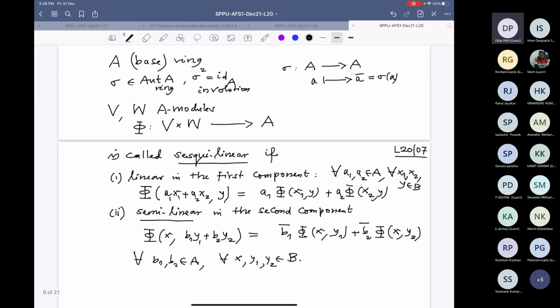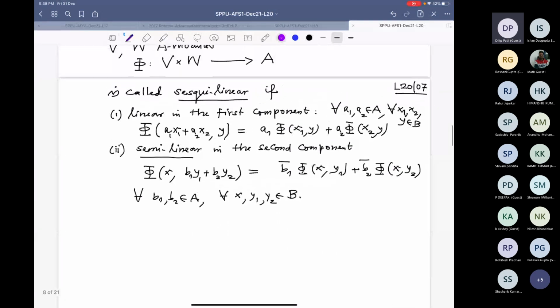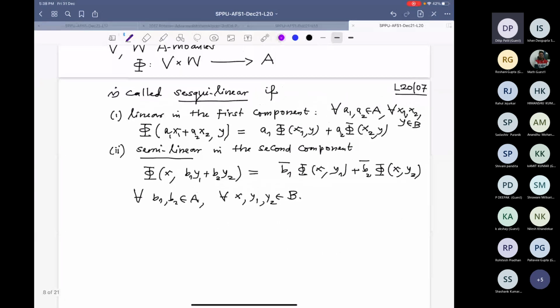All right. So remember, the important consequence of this definition, if phi is sesquilinear, is this. Phi of a x, y is the same thing as phi of x, a bar y.